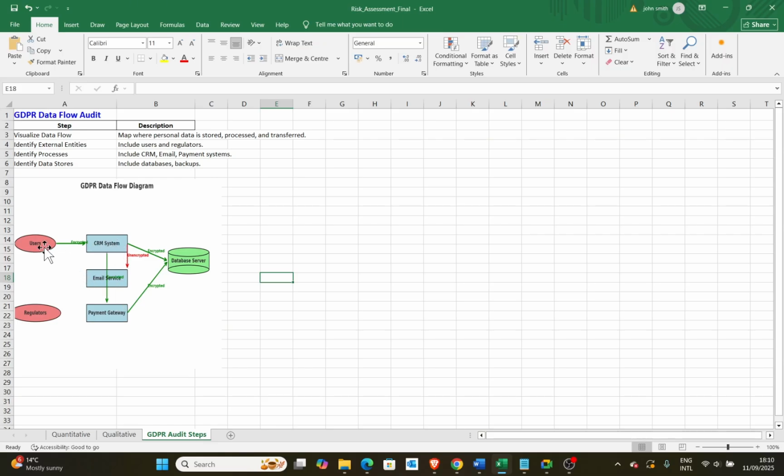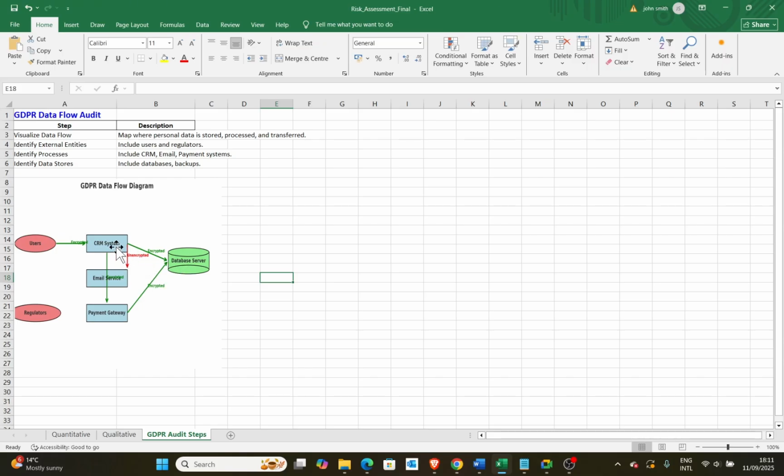So now the users input their data to a CRM system. From the CRM system, it moves to the email server, which is also encrypted. From the email server, it moves to the payment gateway, which is also encrypted. Everything still goes back to the database server, and you see it's also encrypted.